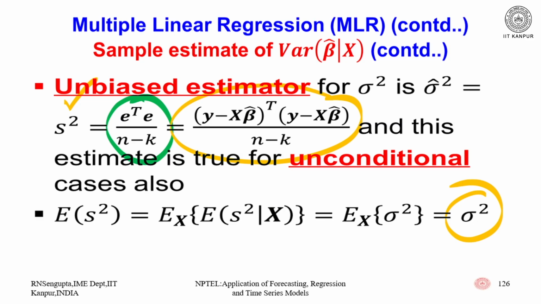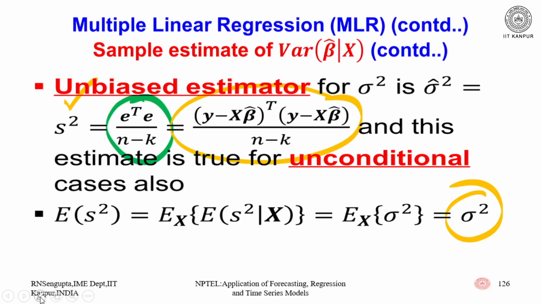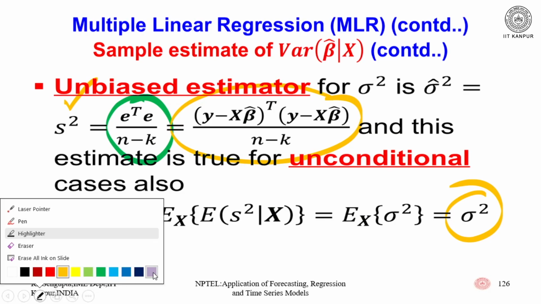Now, the question you may all be asking is: did we learn something here from a previous concept? I just want to step back and tell you that if you have done DADM 1, data analysis and decision making 1, there, when the population parameter, say for example the mean value, was not known, we utilized the sample variance to find the best estimate for the population variance. I will use the violet color.